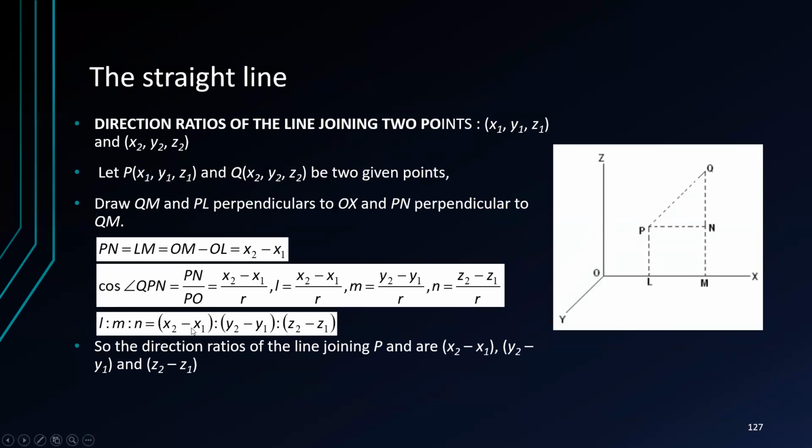So the straight line, direction ratios of the line joining 2 points, x1, y1, z1, and x2, y2, z2. So let P as x1, y1, z1, and Q as x2, y2, z2, be given points.